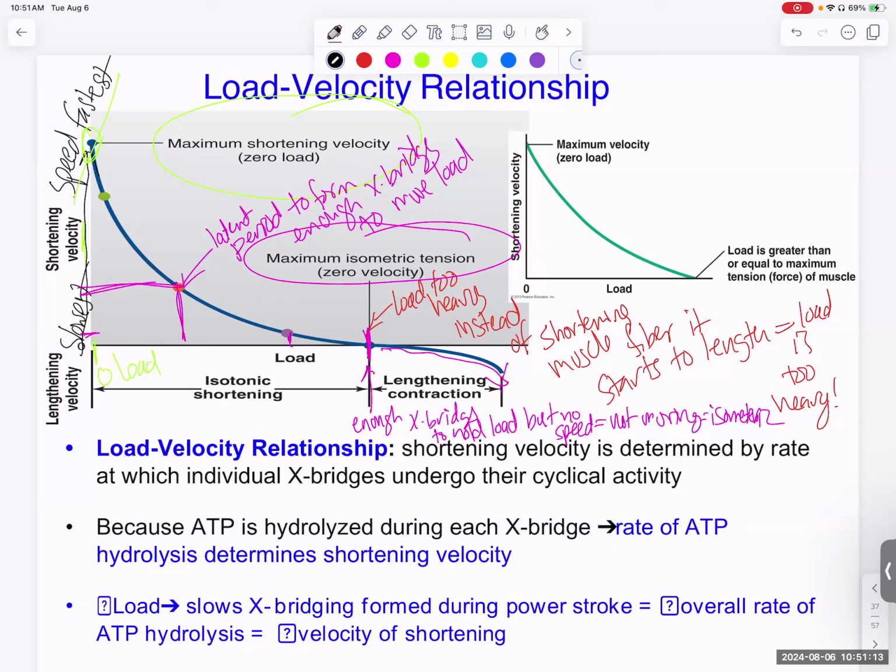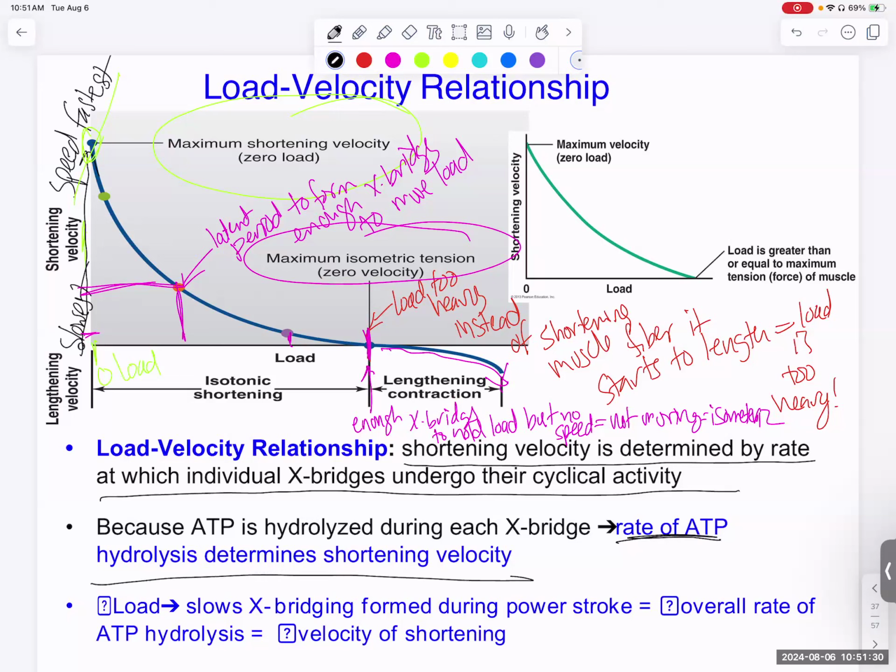So load velocity relationship is: shortening velocity is determined by the rate at which individual cross bridges can keep going, right? How fast can you cross bridge? And that has to do with the rate of the ATP. So fast twitch has fast ATPase, which means it can move faster.